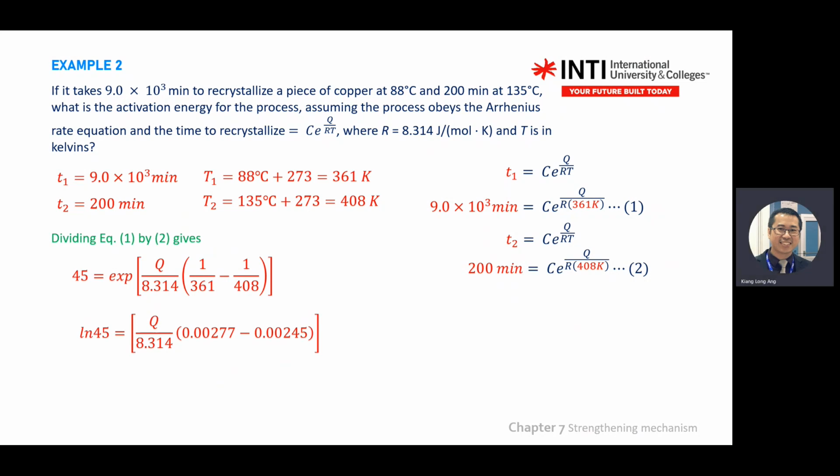So from the middle equation, you have an exponential, so you take ln. ln e equal to 1. So ln 45 and then the exponential, then you solve, and you get your Q equal to almost 100 kilojoule per mole.